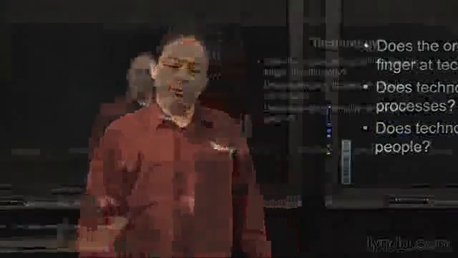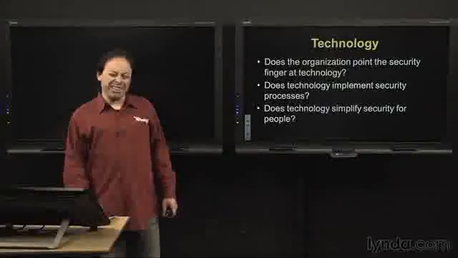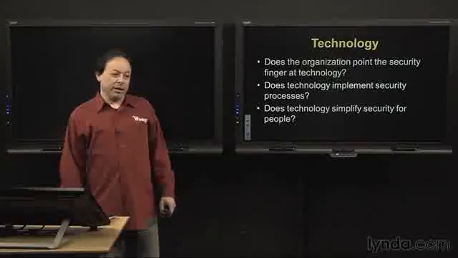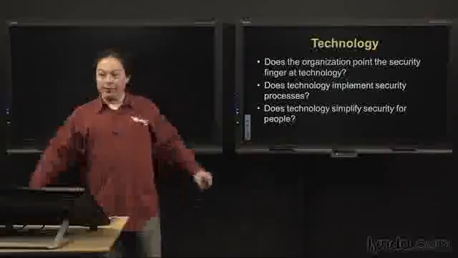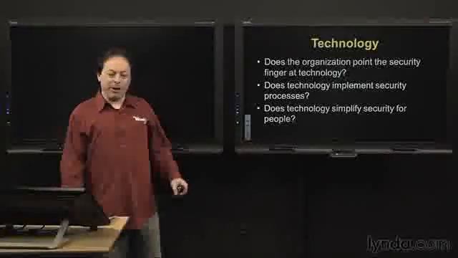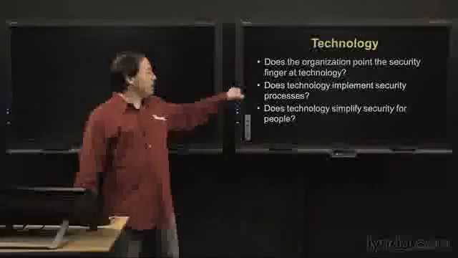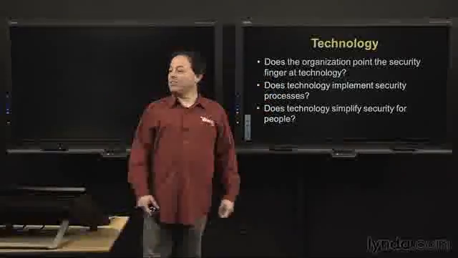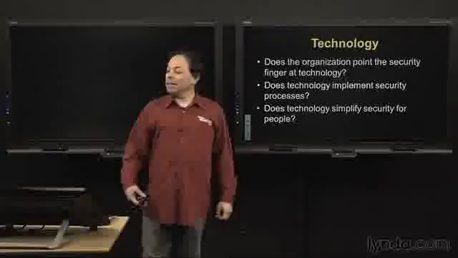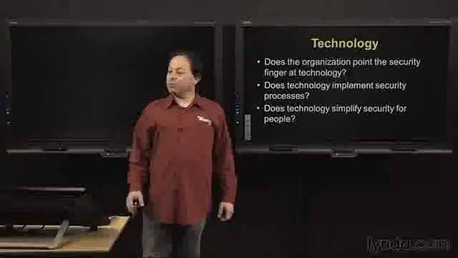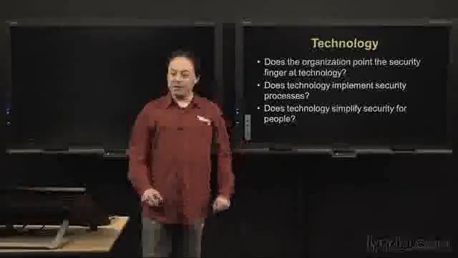The technology component of the information assurance model is fairly well understood, but I like to ask questions that are slightly different about the technology. Not just about do you have the right routers or switches in place, or the right intrusion detection systems or malware scanners, but does the organization as a whole have a belief that any computer security problem is technology-based?